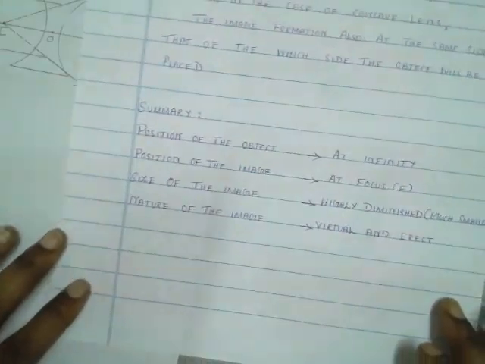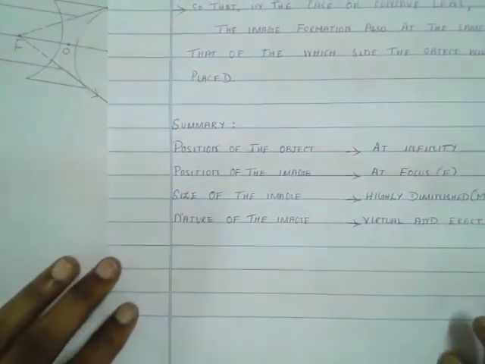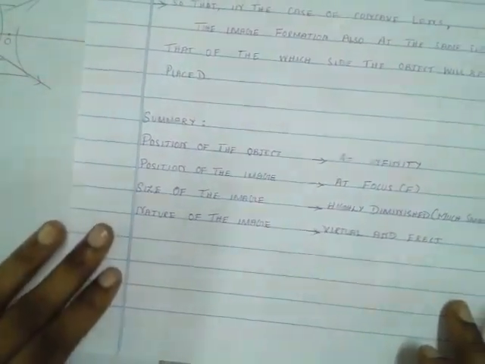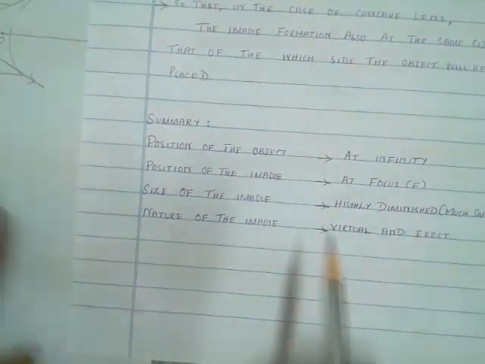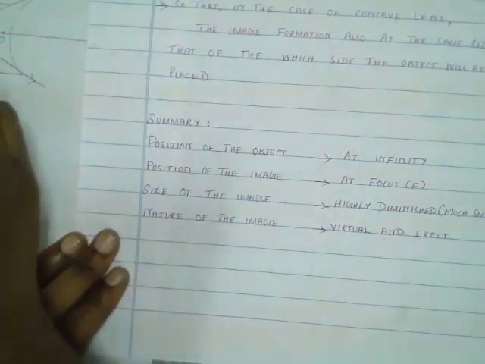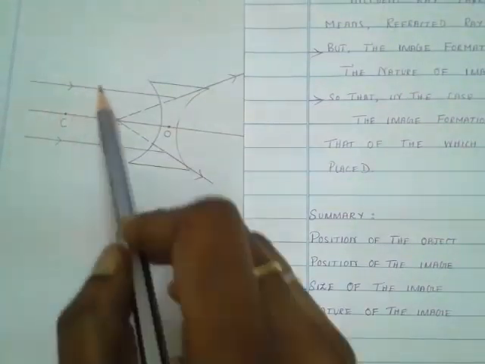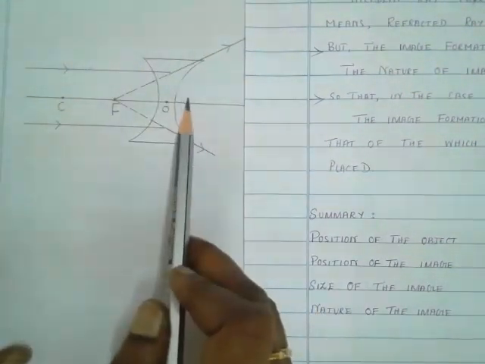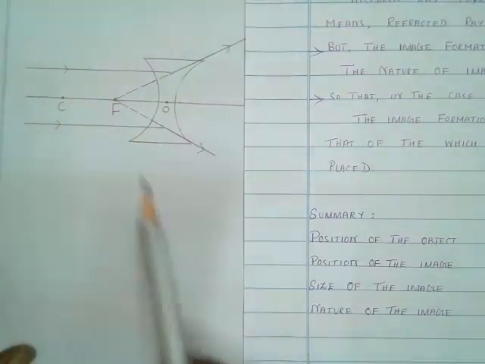See here. The position of the object is initially at infinity, therefore the incident ray through the lens is parallel to the principal axis.